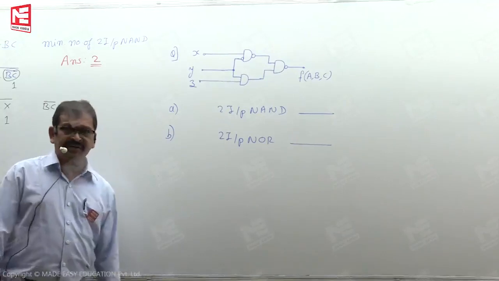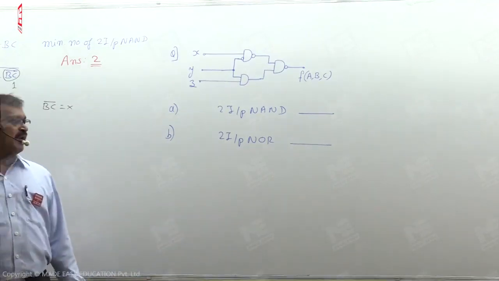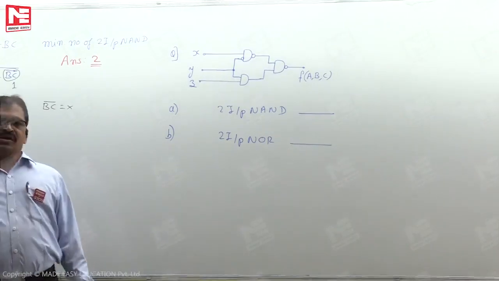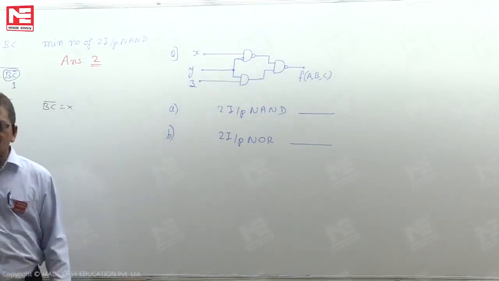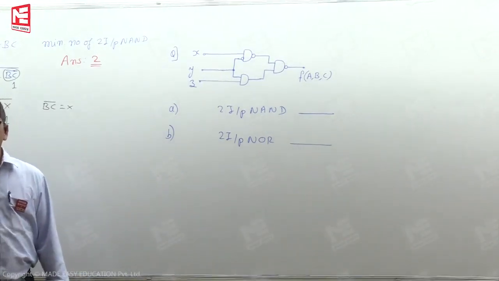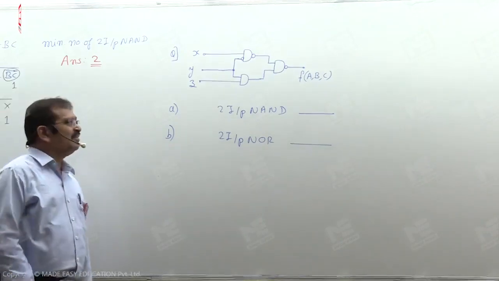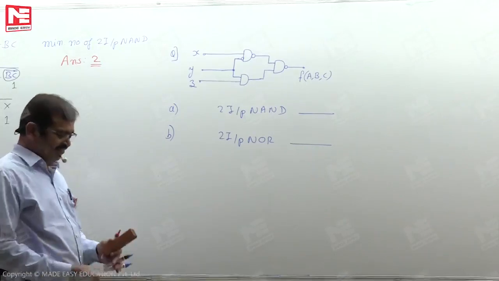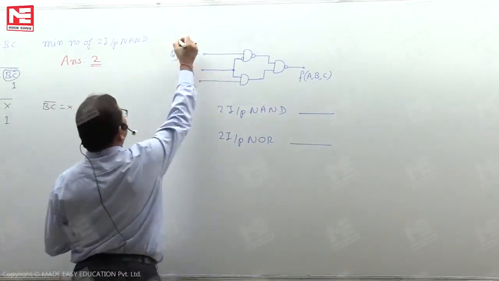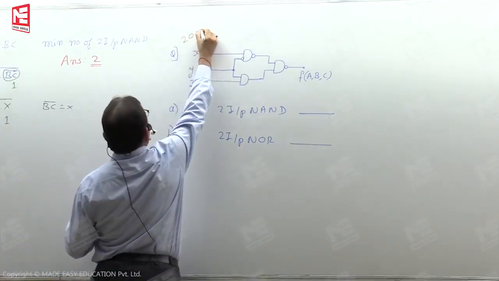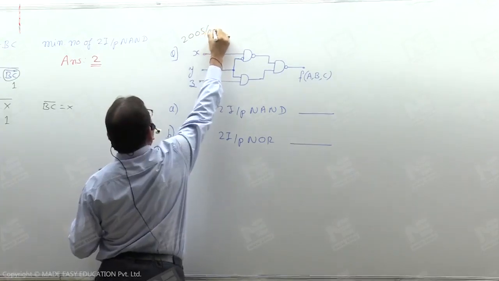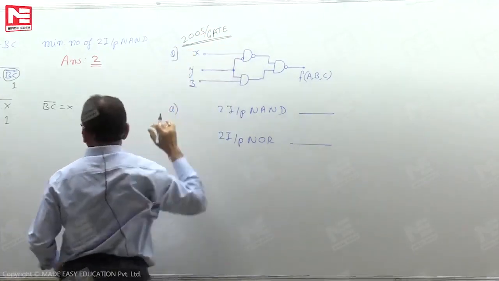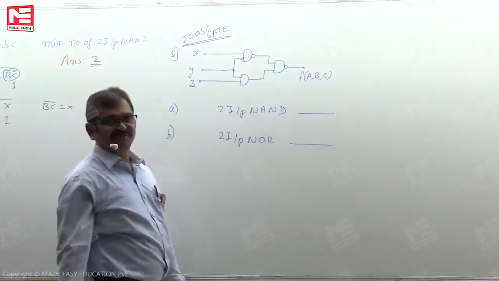When it is implemented with the minimum number of 2 input NOR gates, the minimum number of 2 input NOR gates required is dash. It was a question in the 2005 GATE CS paper itself. 15 years back, it was a question in the GATE paper.